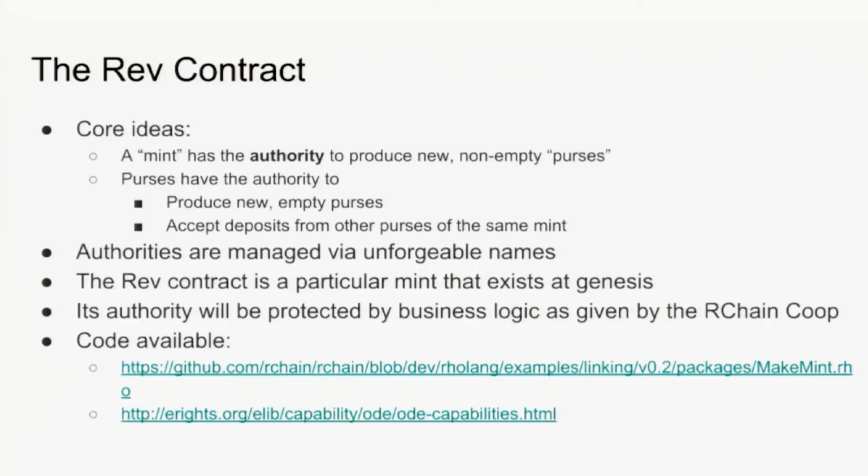So the rev contract, we should have a session in the breakouts about how mints are different, how they behave, things like spawning purses and absorbing purses, because it's likely foreign to people that have seen Bitcoin-based triple bookkeeping, or even a ledger-based one.